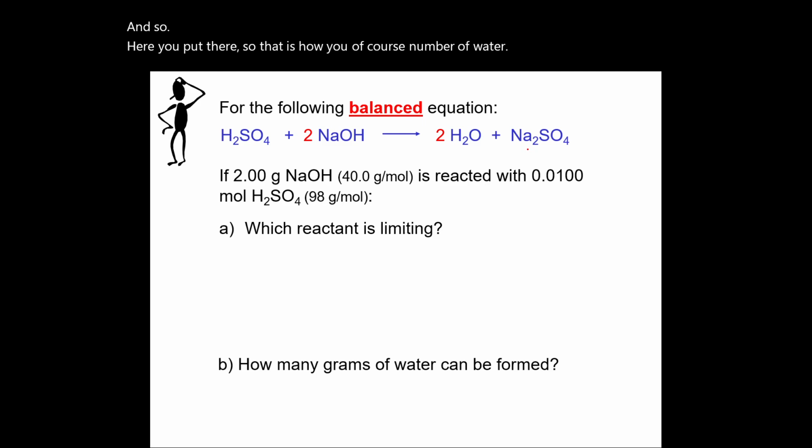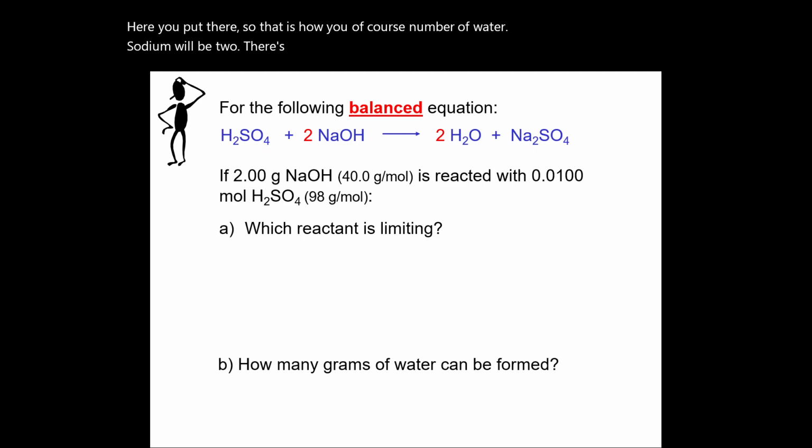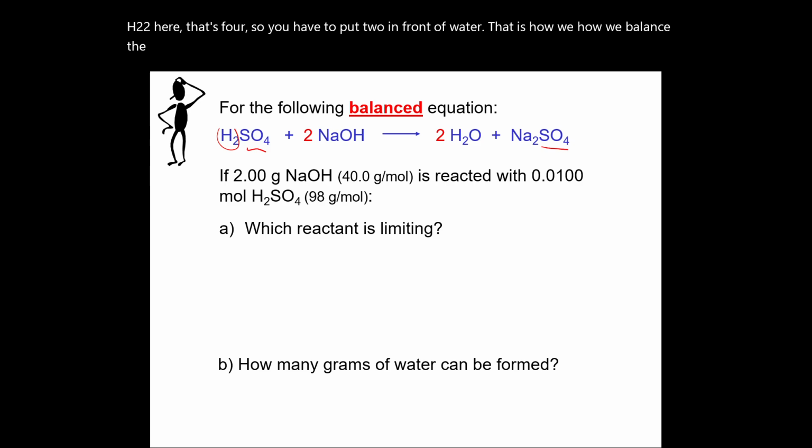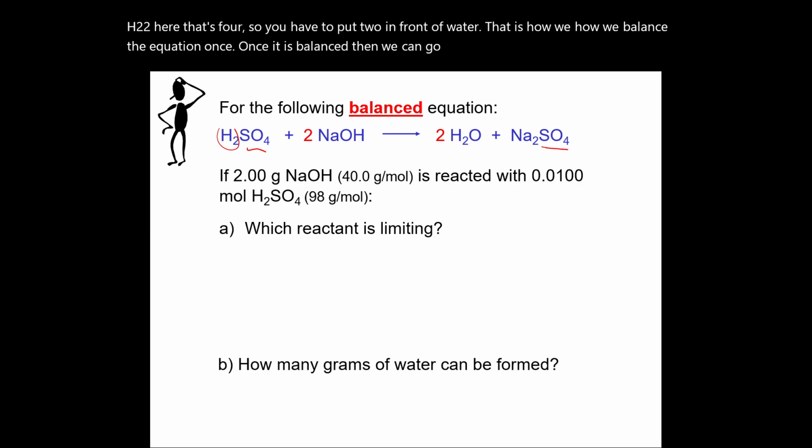Sodium will be 2, that's 2. And then sulfate, we got one sulfate there. And hydrogens: H2 from the acid, 2 from the hydroxide, that's 4. So you have to put 2 in front of water. That is how we balance the equation.